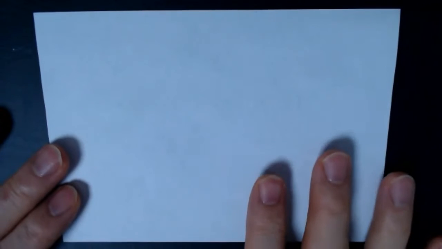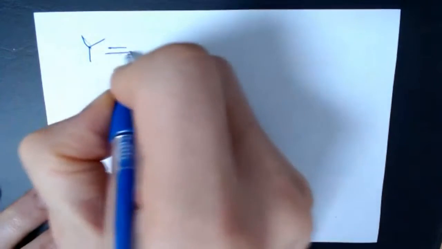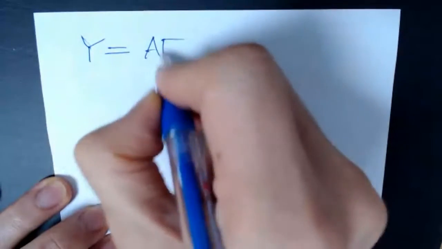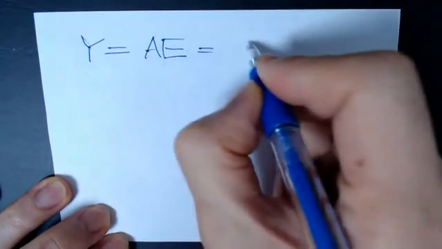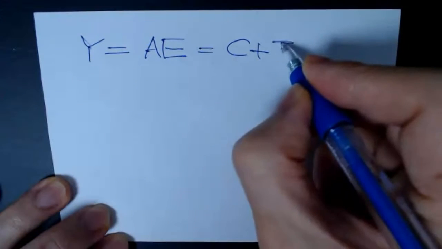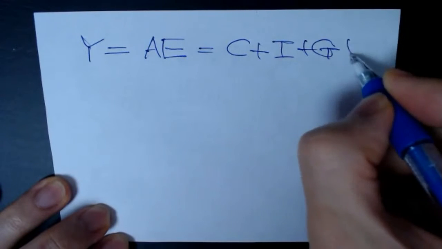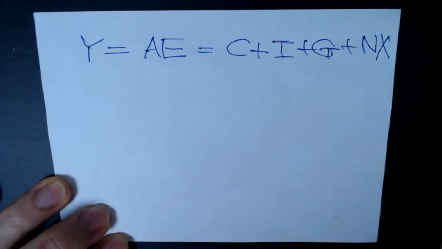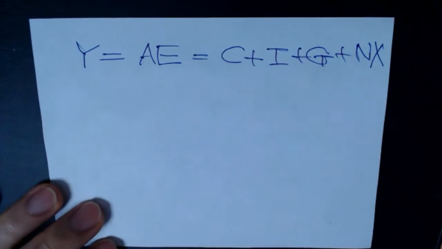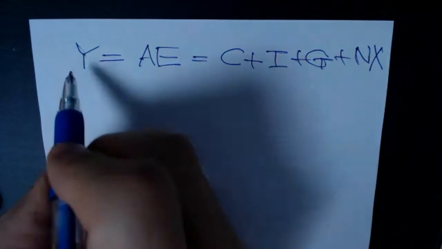So this one now we can say in this way, right? Y equal to AE equal to C I G and X like this. So what does this mean?